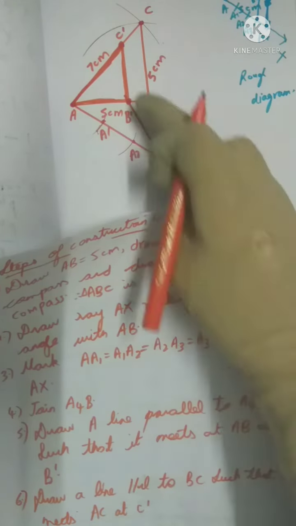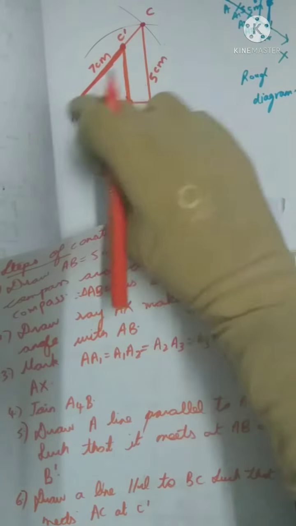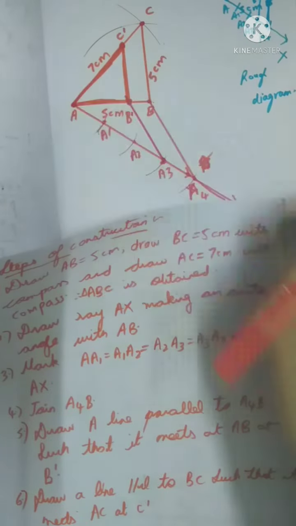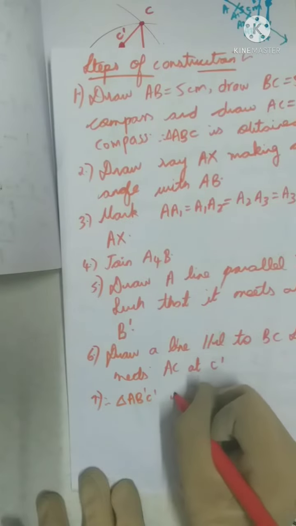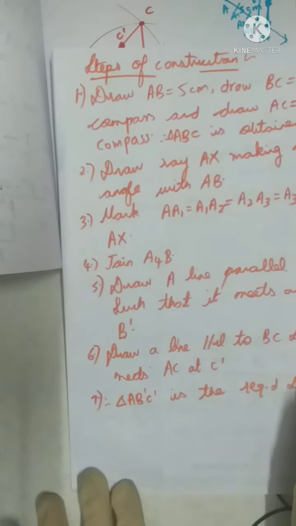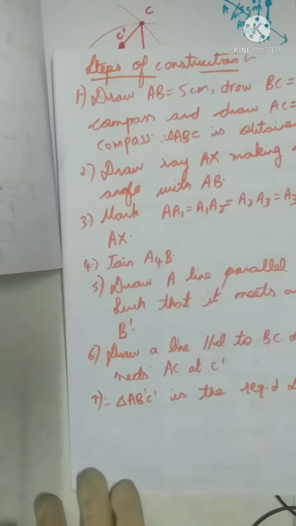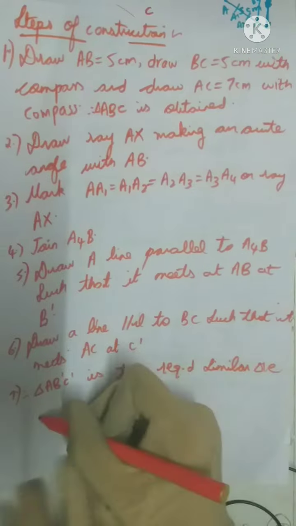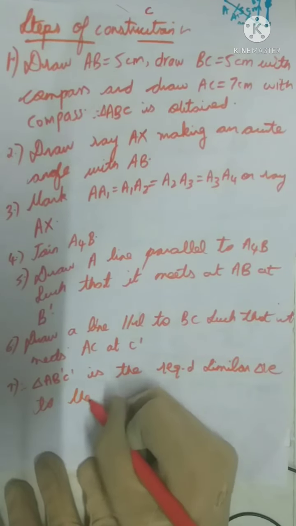After drawing this, I got my triangle. So the 7th point is, therefore, triangle AB dash C dash is the required similar triangle to the given triangle.